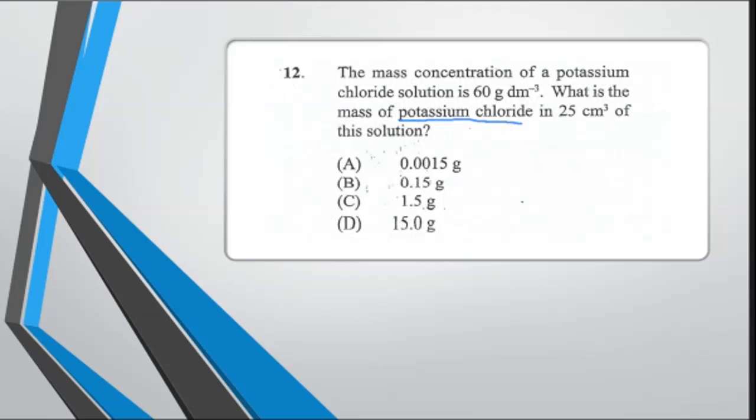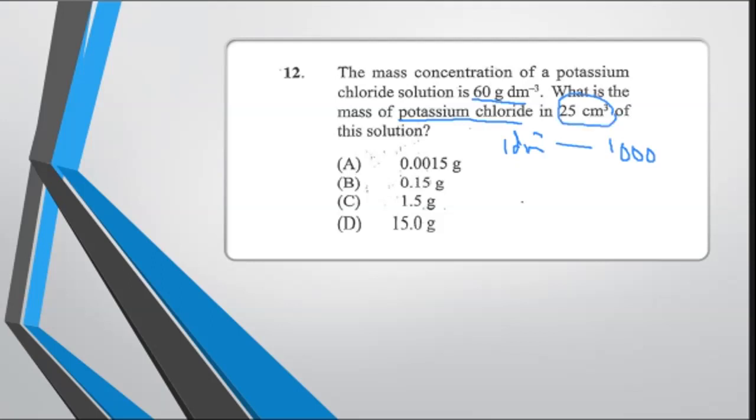So before we are able to do this, we have to first figure out that 60 grams per dm cube. When we're talking dm cube, 1 dm cube has 1,000 centimeters. But they're not asking you for 1,000 centimeters. They're only asking you for 25 centimeters cube, right?